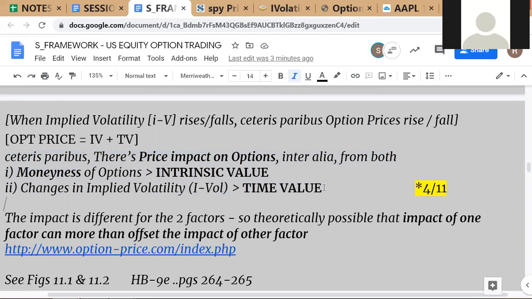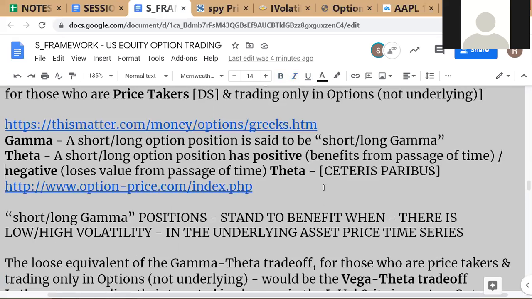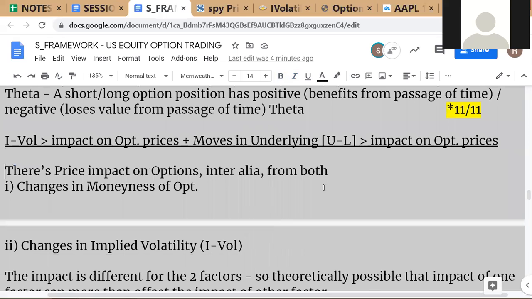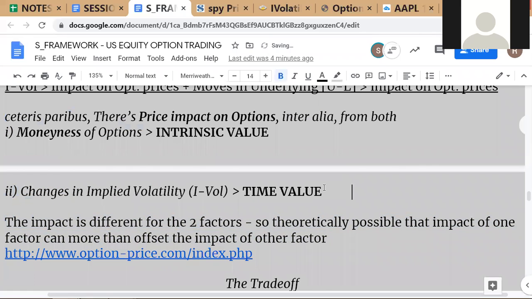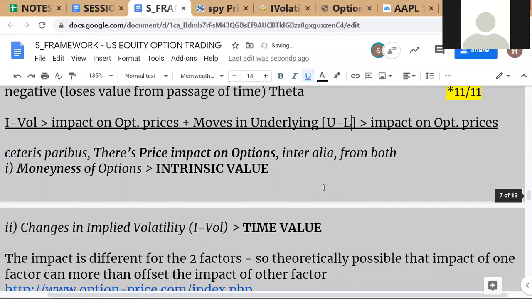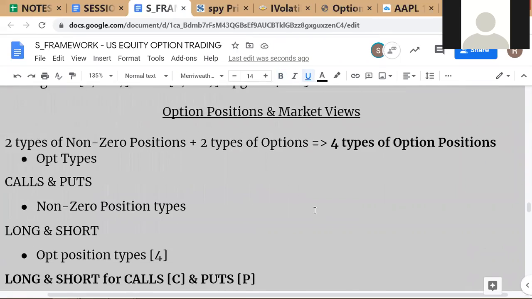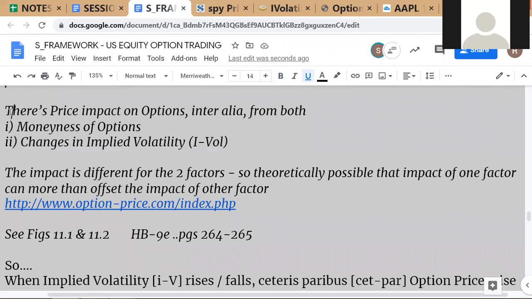So let's put that price in time. We'll bring it to the top part where we are discussing this. We are going to paste it here.